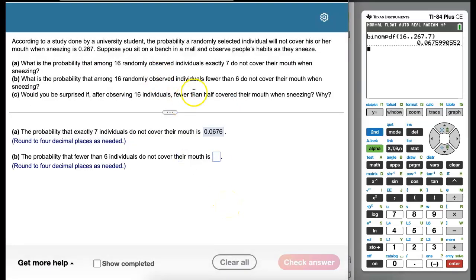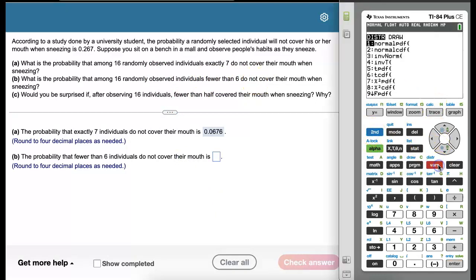The next one, since it's asking for fewer than 6 do not cover their mouth when sneezing, we'll come back to second vars, that's the distribution menu. We'll scroll down to binomial CDF. We'll give it the number of trials, 16. The probability of success, which is 0.267.